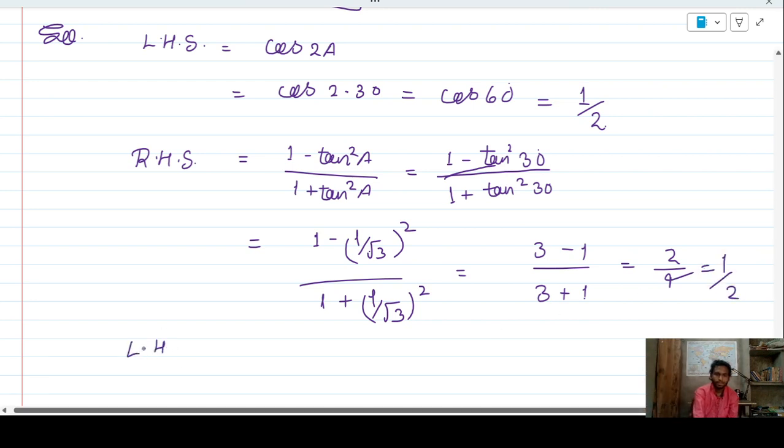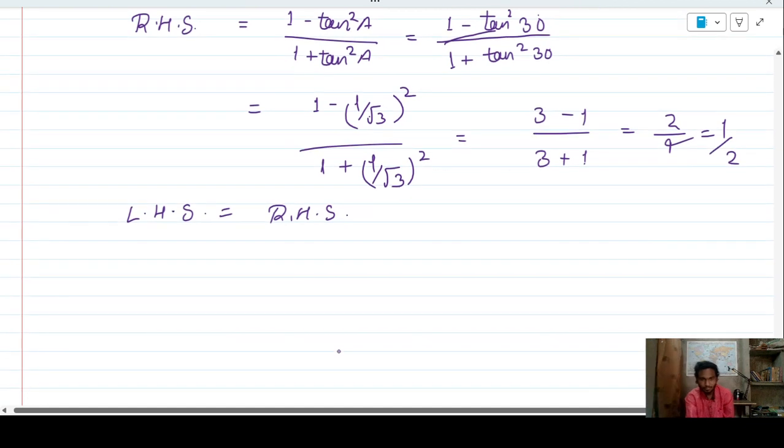Left hand side equals right hand side. Then verified. Next problems.